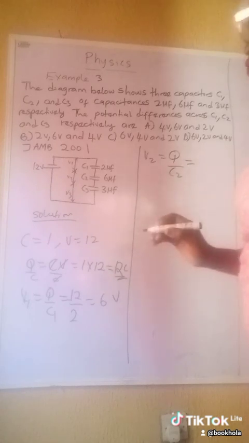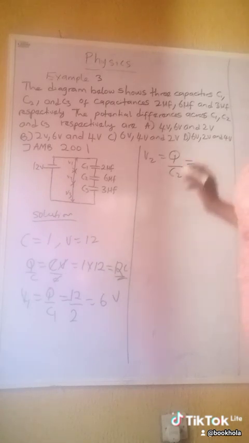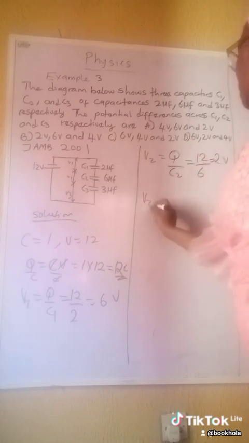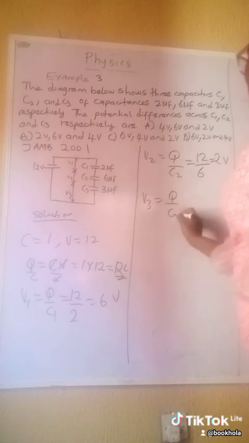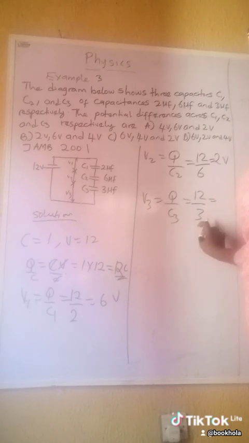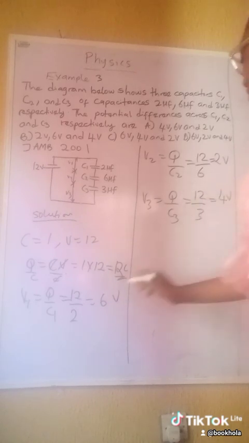So we have Q equal to 12 all over 6, which is equal to 2 volts. Then V3 will be equal to Q all over C3, which is 12 all over 3. 12 divided by 3 will give us 4 volts. So we have gotten our answer.